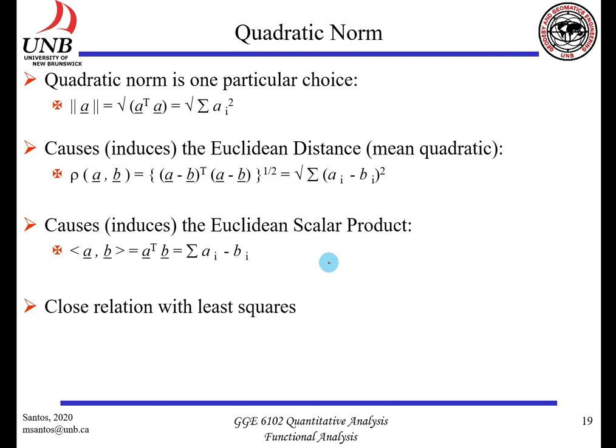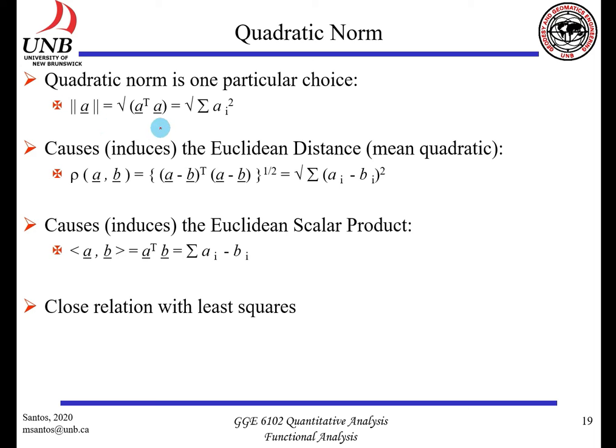Quadratic norm. It can be represented in different ways. This is the square root of the product of A transpose A, or we can also consider just the square of each one of these elements.